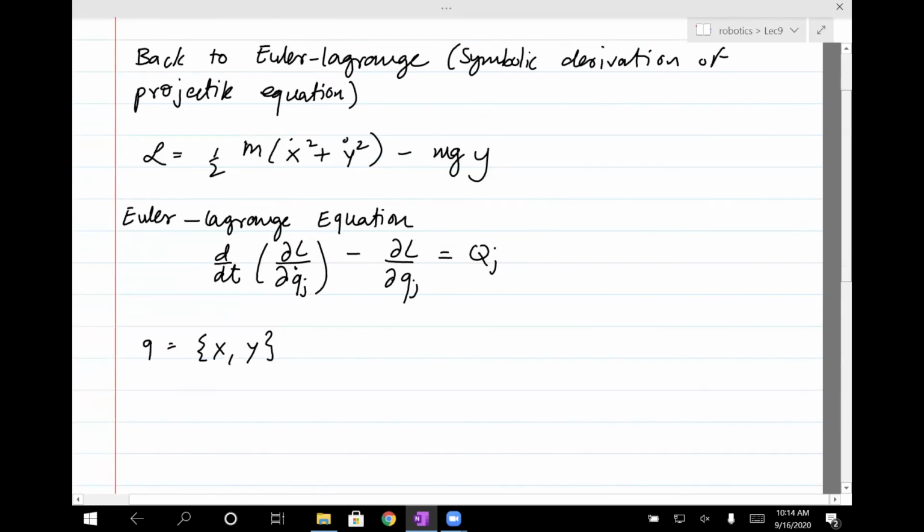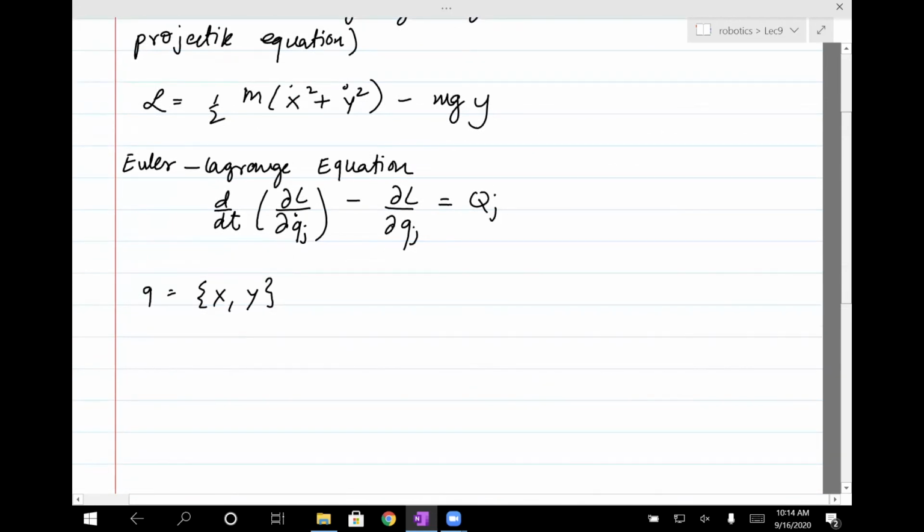So what I'm going to do is write down the formula for dL dq dot and d dt of dL dq dot in the way in which I'll put it in Matlab. And I thought I should write it down because I think it still may not be very clear how to use the chain rule.